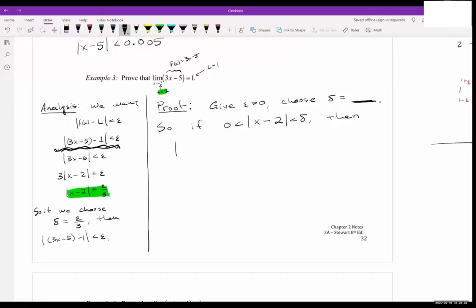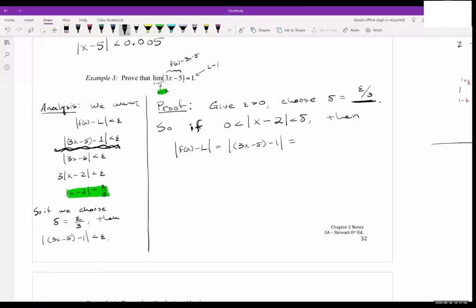we have |f(x) - L|, which is equal to |3x - 5 - 1|, equals, okay, now before I continue with that, we've chosen delta to be epsilon over 3, okay? So notice what I've written for the if part.